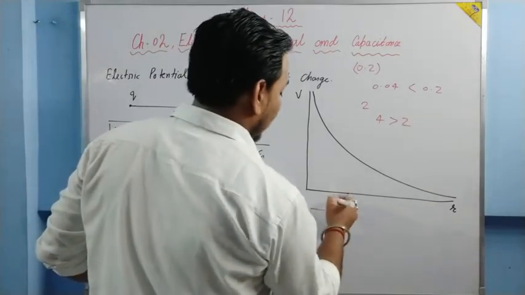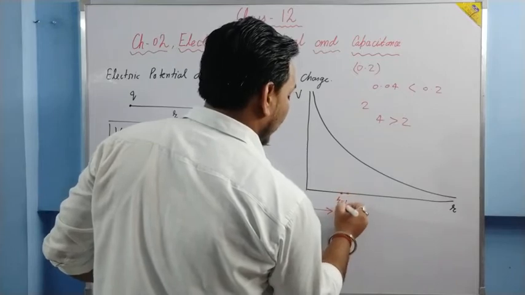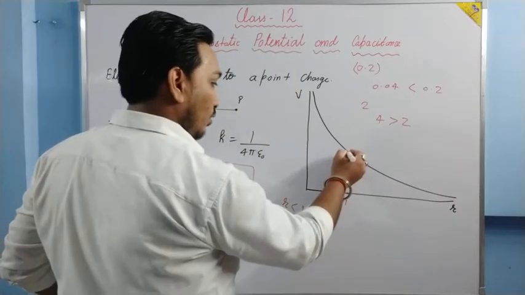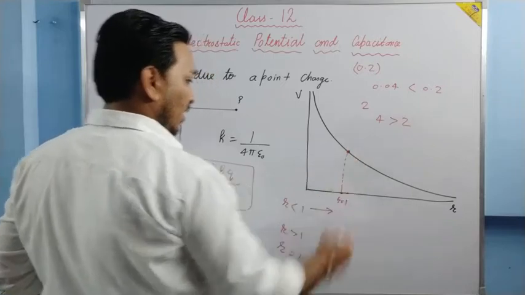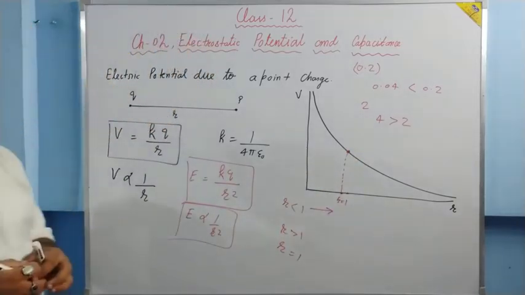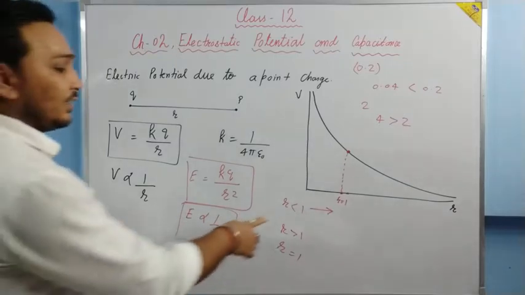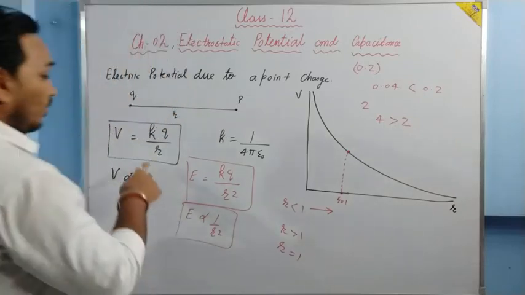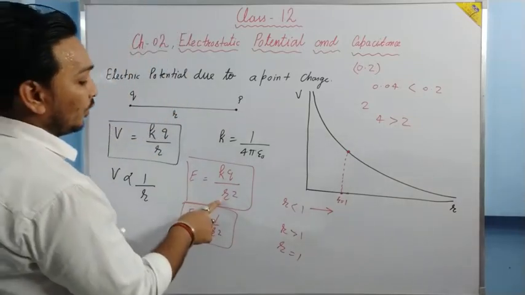So at the point where r is equal to 1, the electric field and electric potential are both equal, right? Now when r is less than 1, suppose it is 0.2, here it will be 0.04.